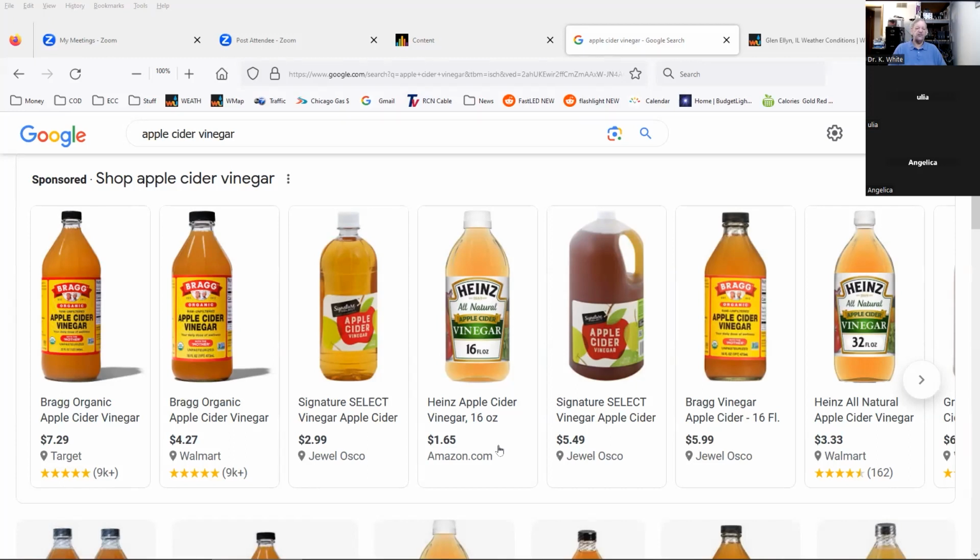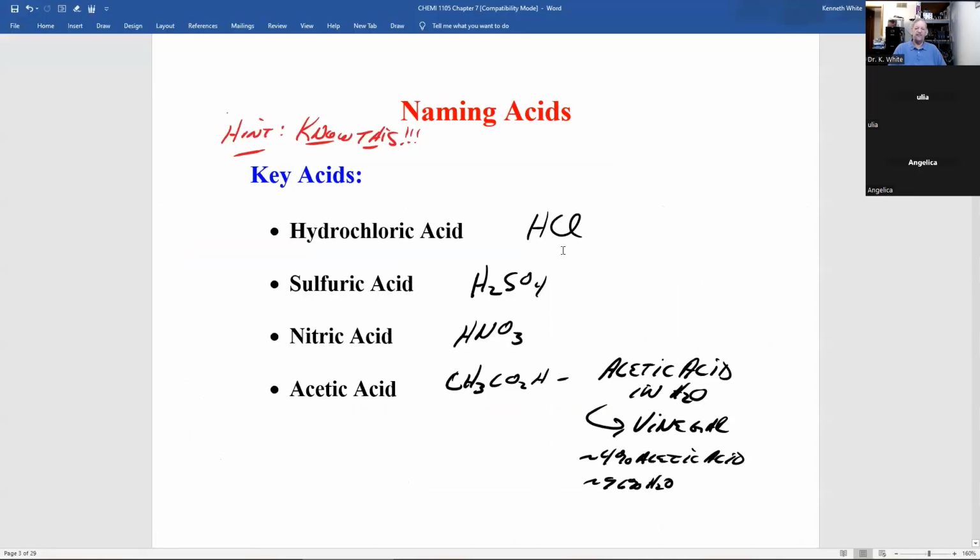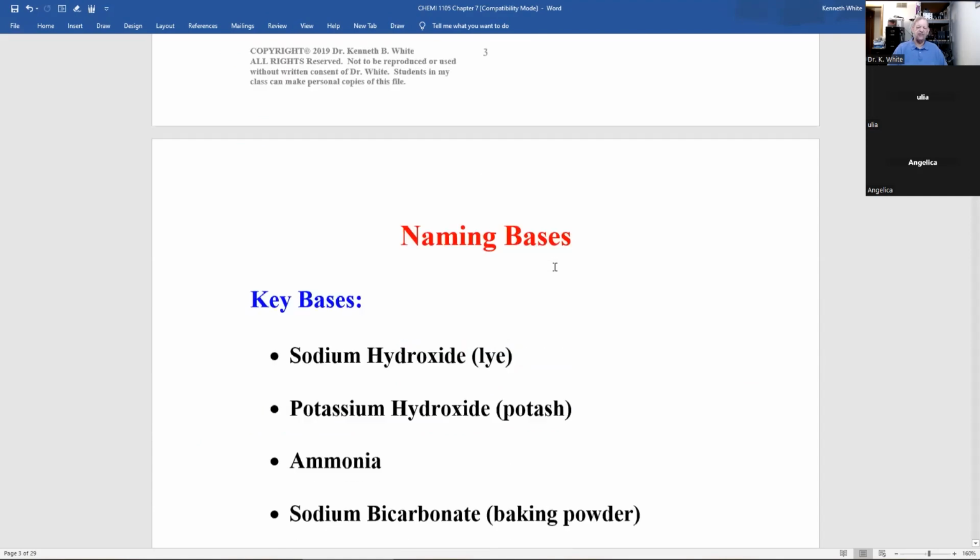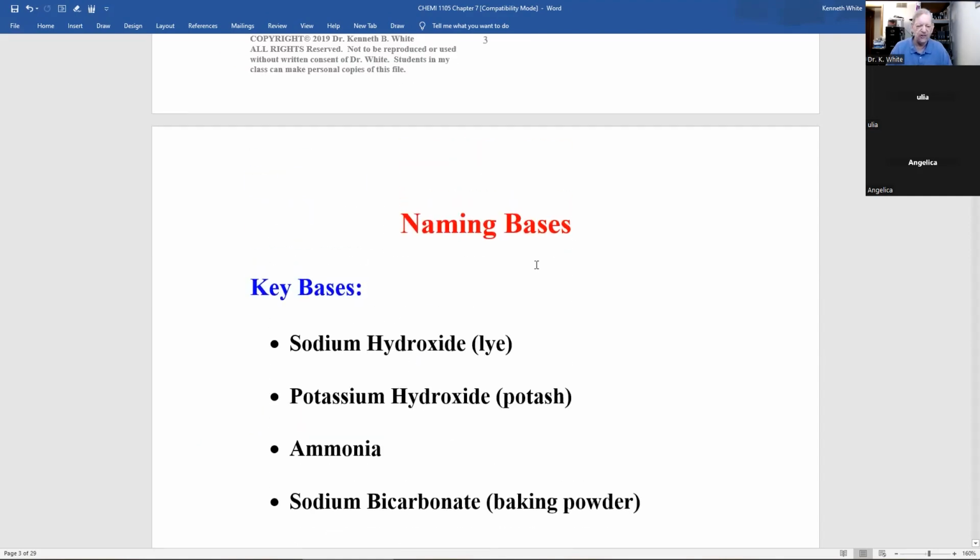All right, so if you see the formula HCl, you should know that's an acid. If you see the formula H2SO4, you should know that's an acid. If you see the formula HNO3, you should know that's an acid. I won't ask you to learn the formula for acetic acid. Now, some important bases you should know.